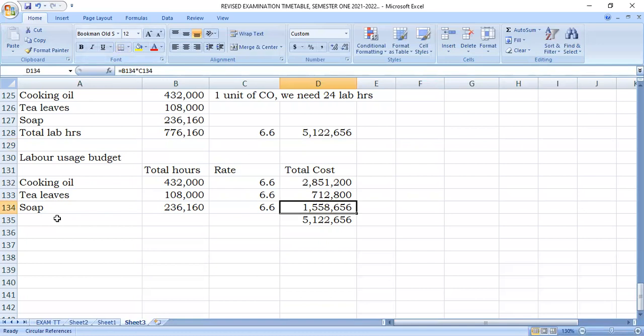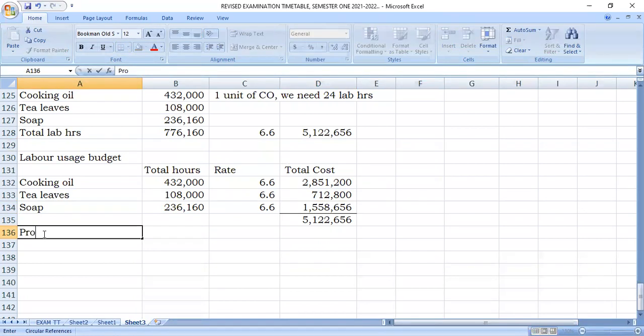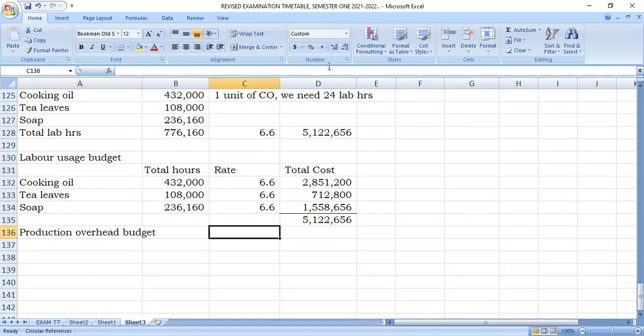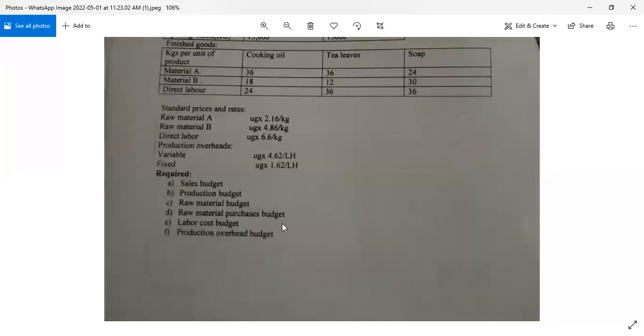Okay, so production overhead budget. I hope we're okay with the labor cost. Now we can talk about production overheads.